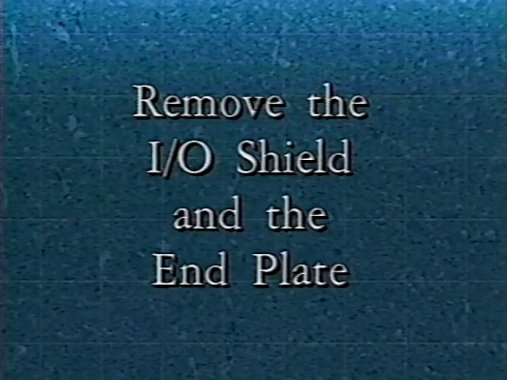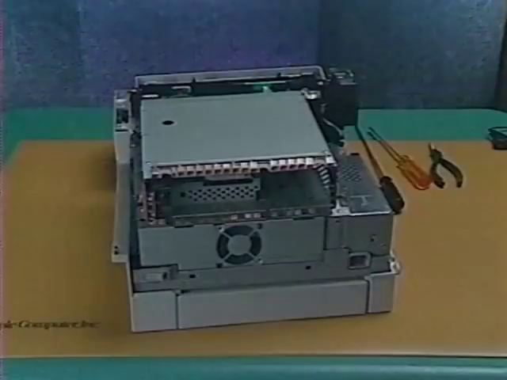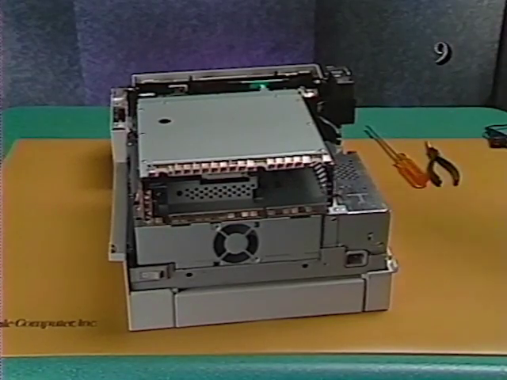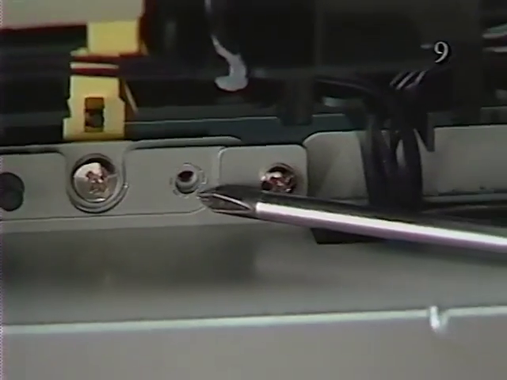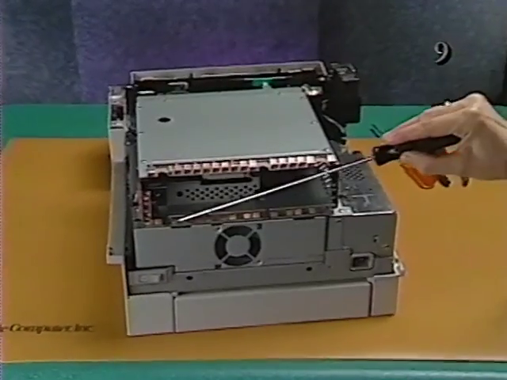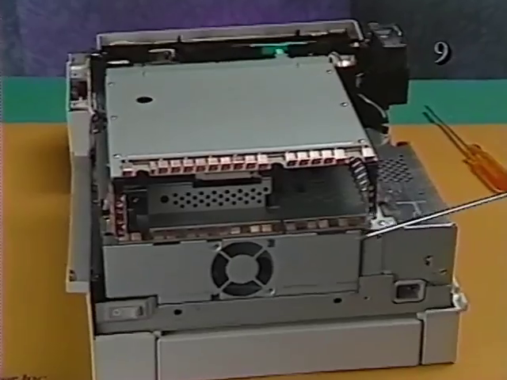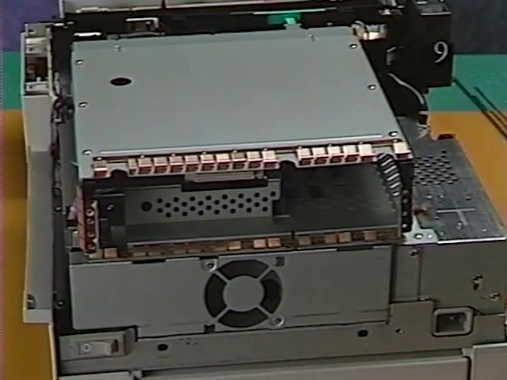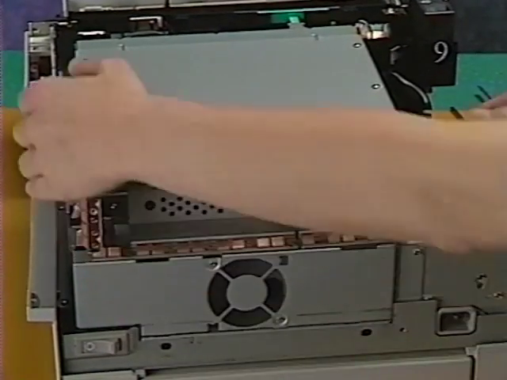Remove the I/O shield and the end plate. Locate and remove the screws securing the I/O shield, and lift it from the printer.